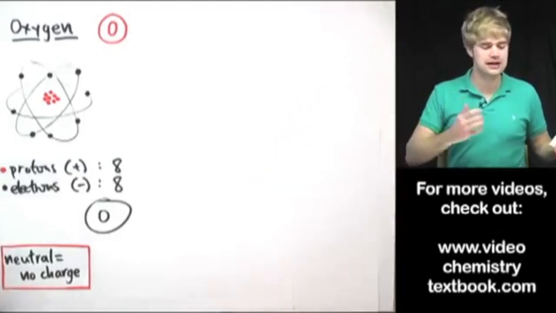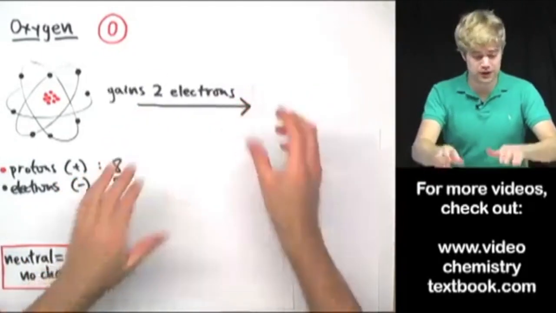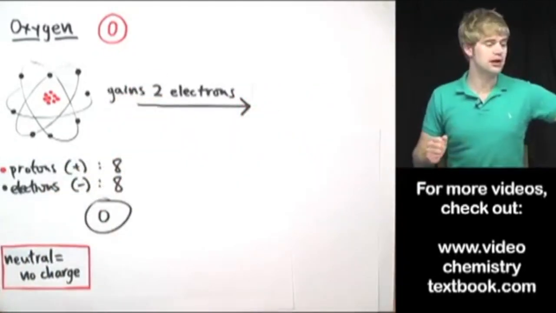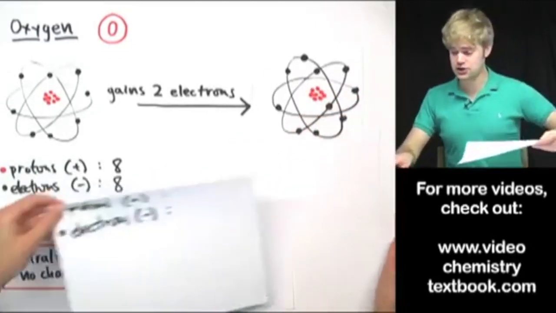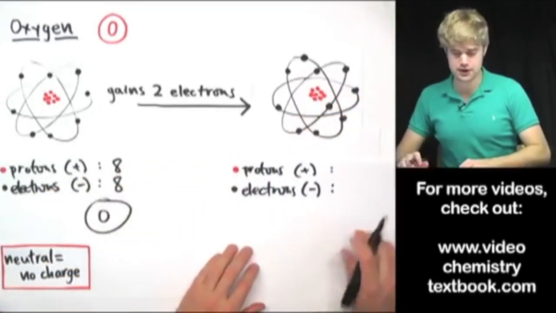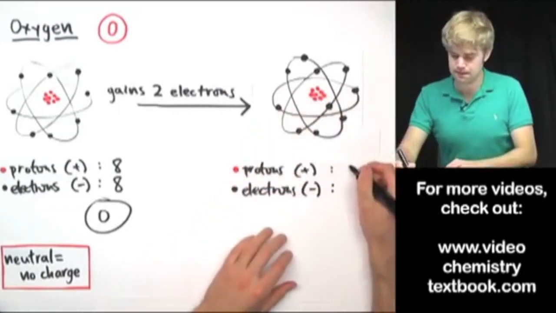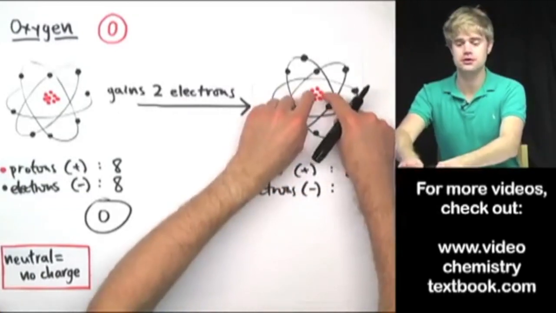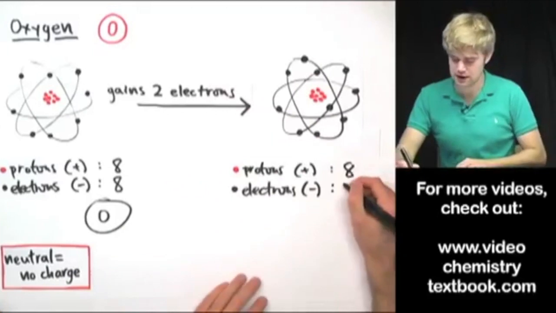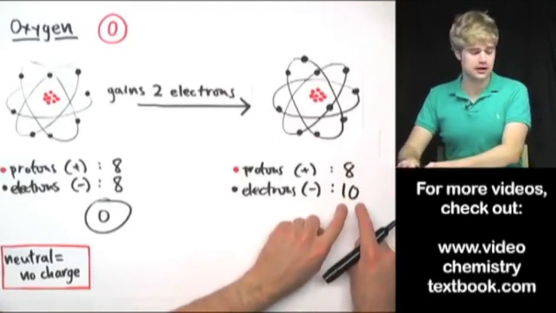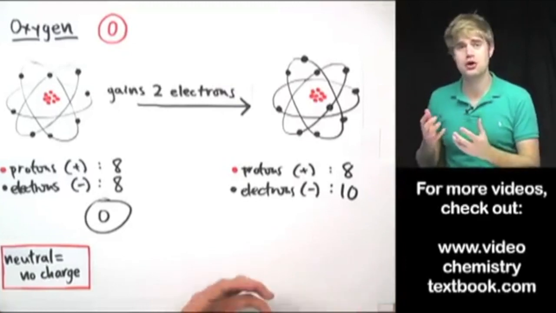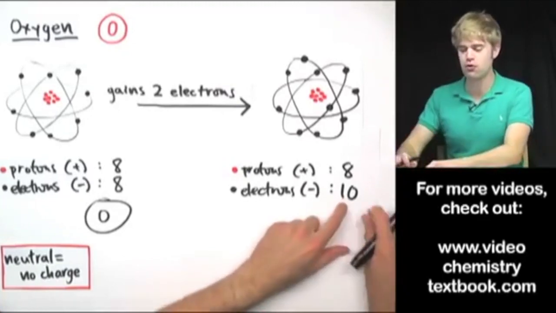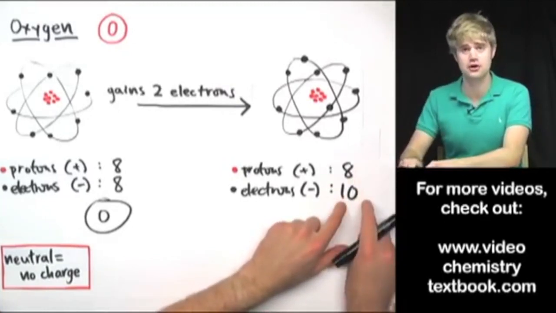But oxygen can gain or lose electrons, and actually it really likes to gain 2 electrons. And here's a picture of the oxygen atom after it's gained 2 electrons. And now it still has 8 protons in the nucleus. And if I count up these electrons, it now has 10 electrons instead of 8, which it had before. So now the protons and electrons don't balance out anymore, and I have more negative charge than positive charge.